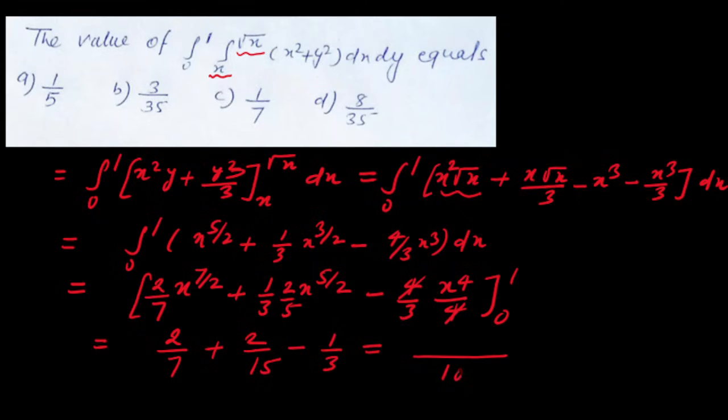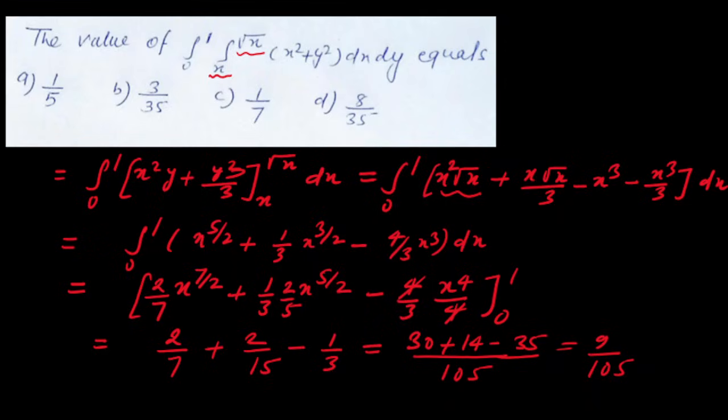The LCM will be 105. So 15 into 2 is 30, and plus 7 into 2 is 14, and minus 35. So I will get how much? 44 minus 35, that means 9 by 105.